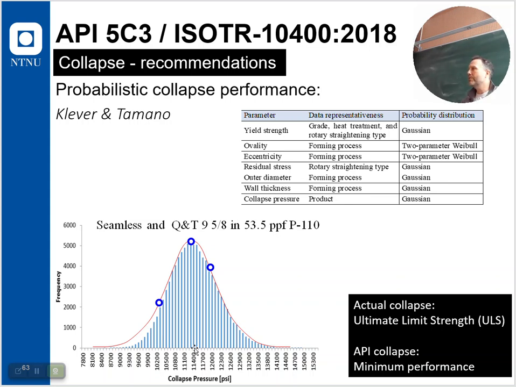Remember the collapse graph that this pipe manufacturer showed us, and the API being quite below. You can go to two standard deviations as we do in anti-collision for drilling, and then you're going to come down here somewhere, 9,600 psi. That would be your performance that you're going for.